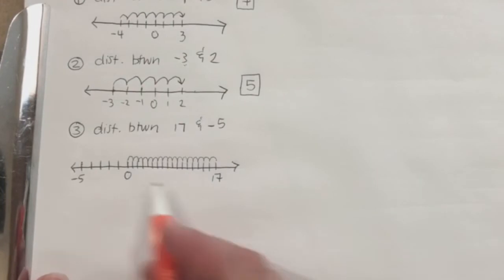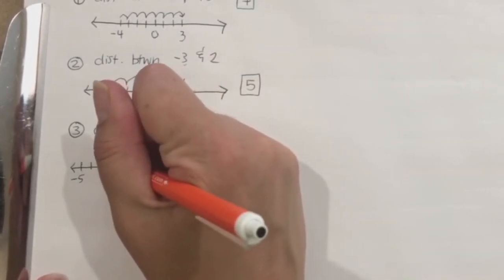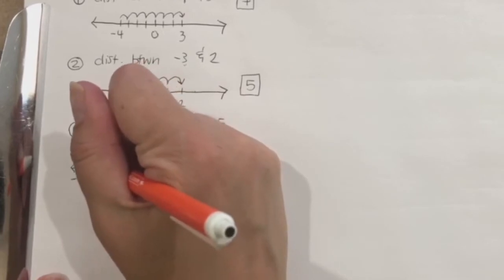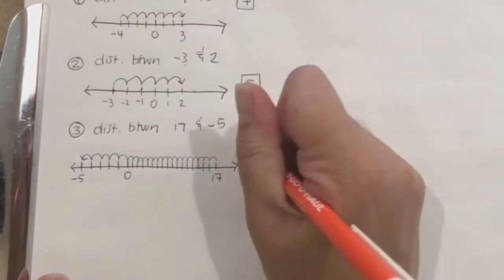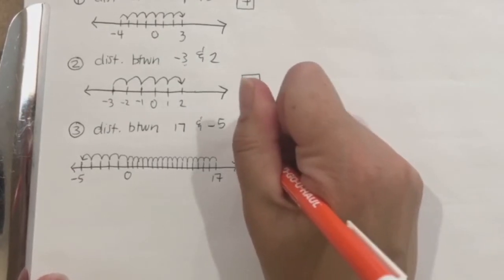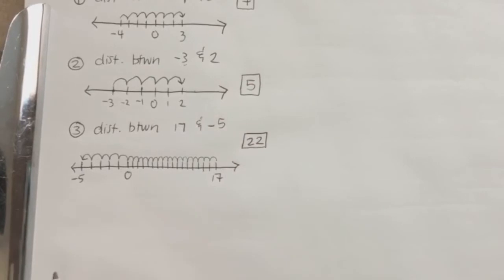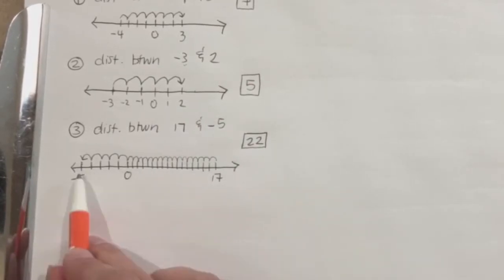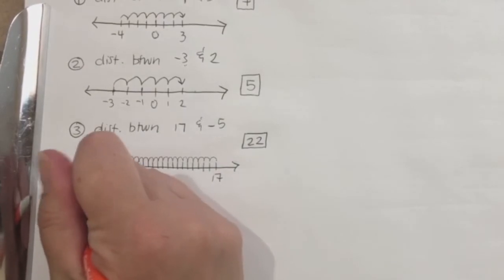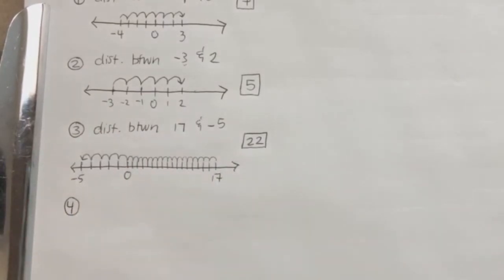It took me 17 to get to 0. 17, okay? 18, 19, 20, 21, 22. So the distance is 22. And yes, there are quicker ways of solving this, but we're modeling the mathematics, showing it, proving it in other ways.